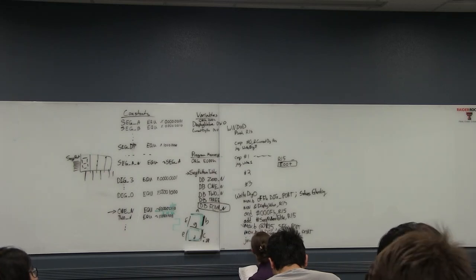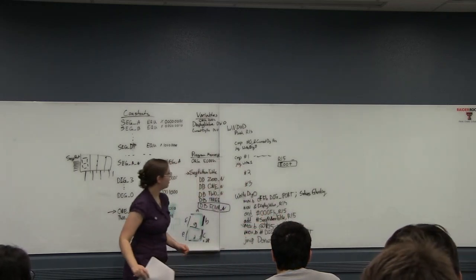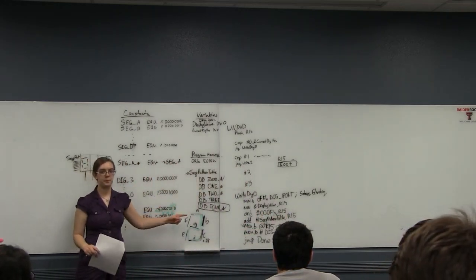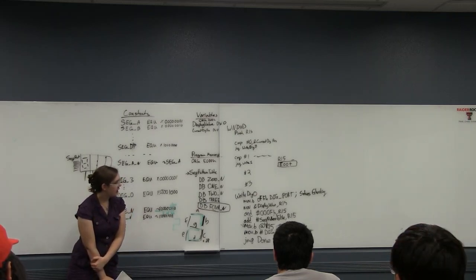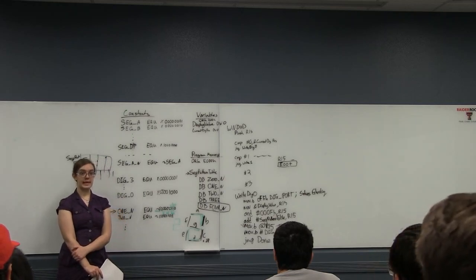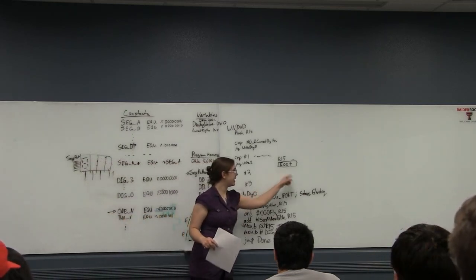Jump. Done. So that's how you turn on one number. Now, writing digit 0 is the easiest number because you're just masking out this last one.